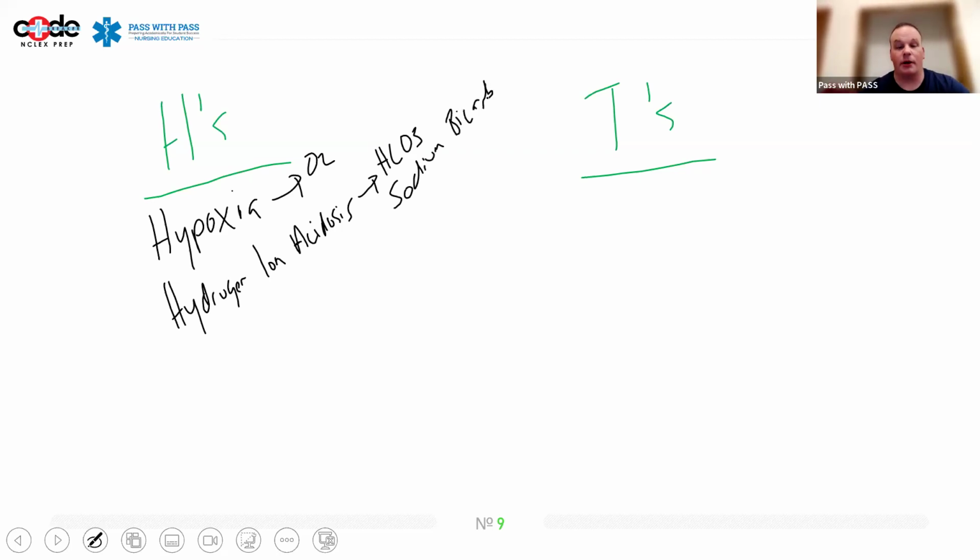And a lot of cardiac arrest protocols have 50 milliequivalents of sodium bicarb being given near the end of a cardiac arrest, if it's been some sort of a prolonged downtime. We have hypo or hyperglycemia.